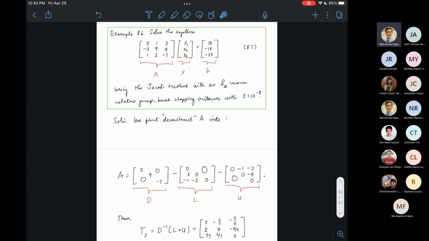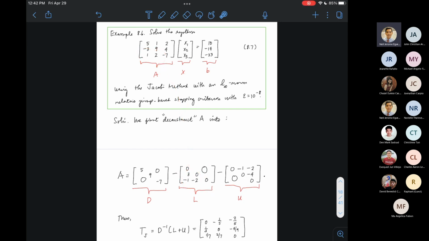Dahil siya yung lower triangular part, 0 sa taas ng main diagonal, 0 sa lahat ng main diagonal, i-harvest ko lang yung entries mula dun sa lower part ng matrix A, pero babaliktarin ko yung sign kasi may negative na sa umpisa. Alright? That's why we got 3 here, a negative 1 here, and a negative 2 here compared to these entries over there. Okay?